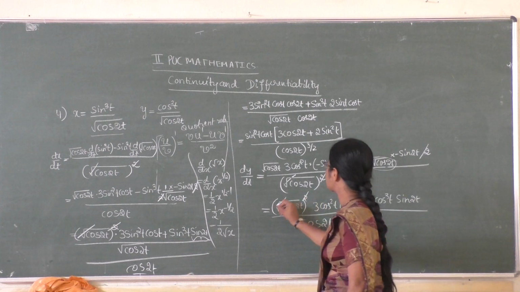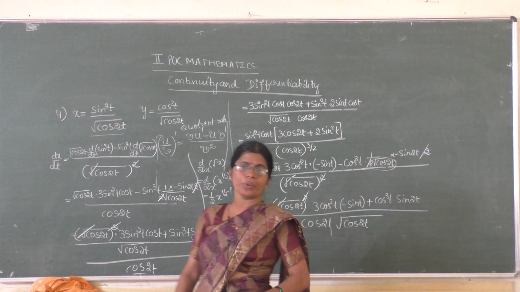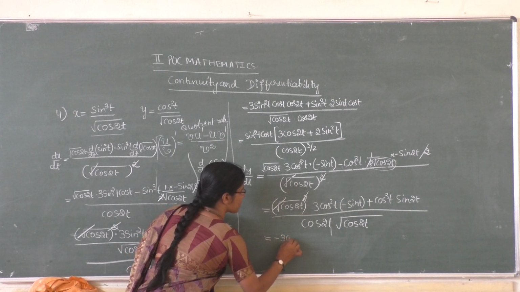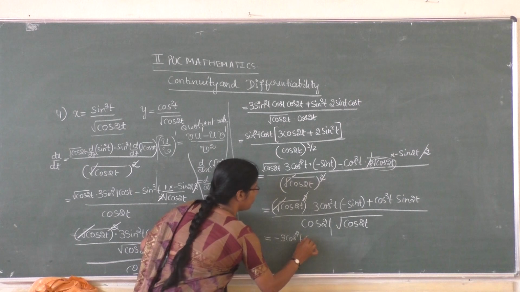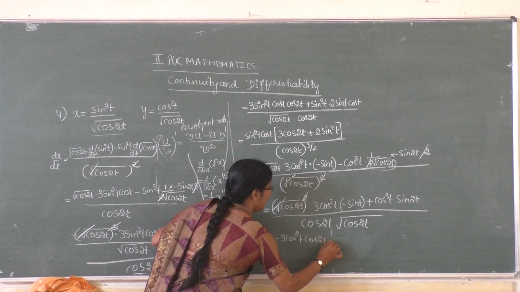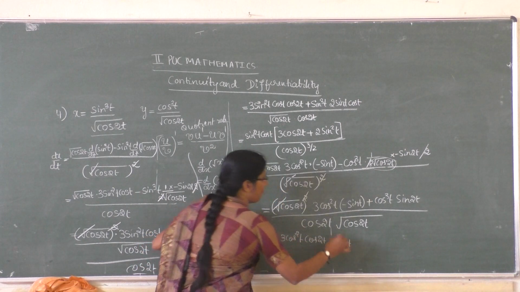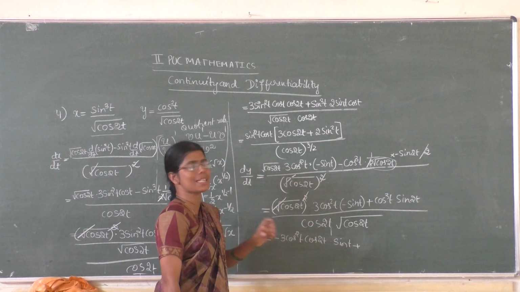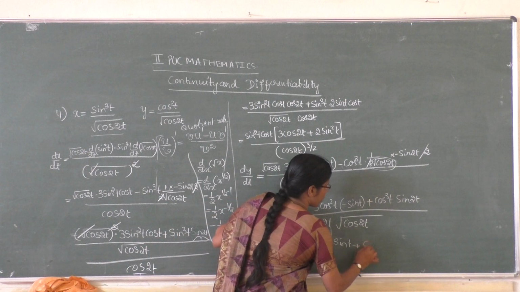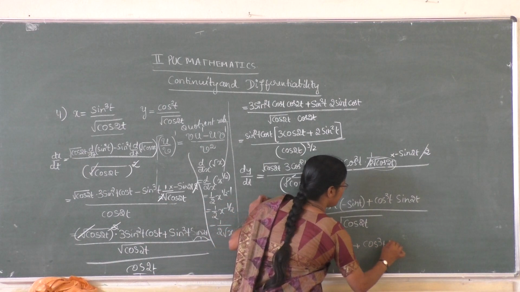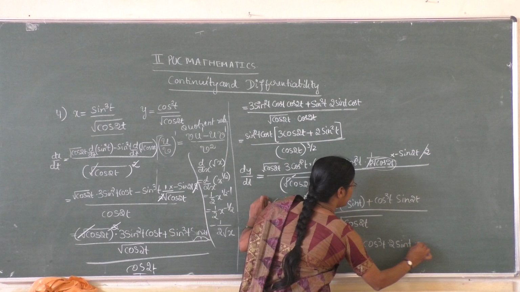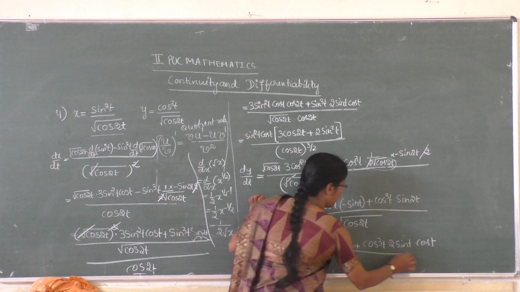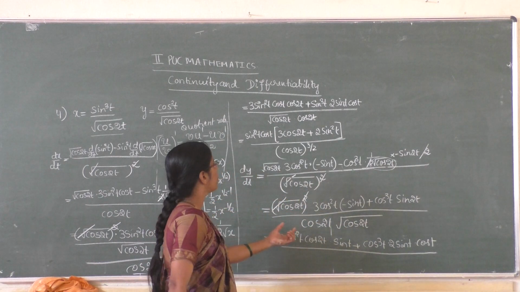Now here square and square root cancel. So what do you get? That is minus 3 cos square t into cos 2t into sin t plus, here I apply sin 2t once again, 2 sin t into cos t. So cos cube t into 2 sin t into cos t, divided by this cos 2t into root cos 2t.